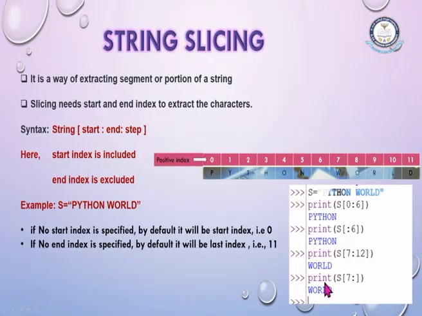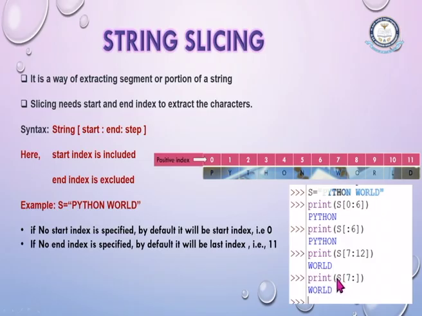And next, in the last statement you have seen print s of 7 colon, and the end index is missing, the end index is skipped. So s of 7 colon, there is no end index. If you have not mentioned the end index, by default it will be the last index, that is indirectly 12.